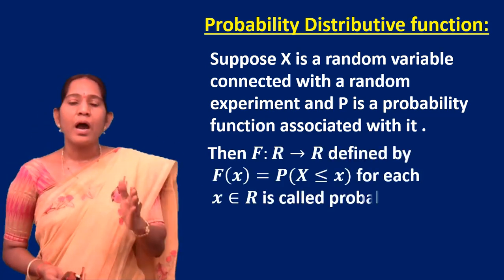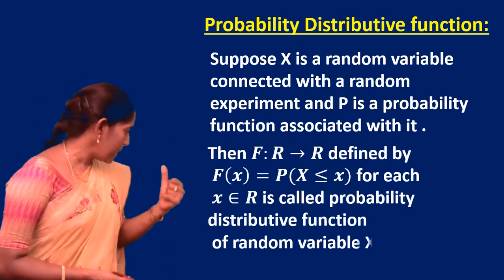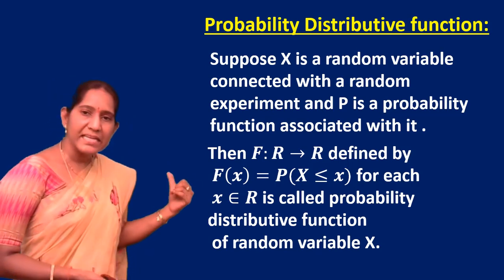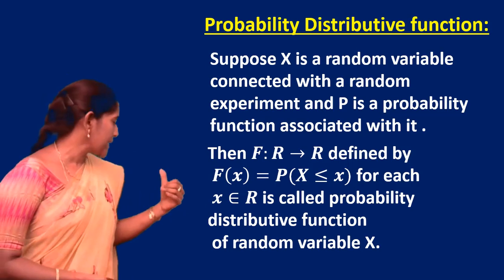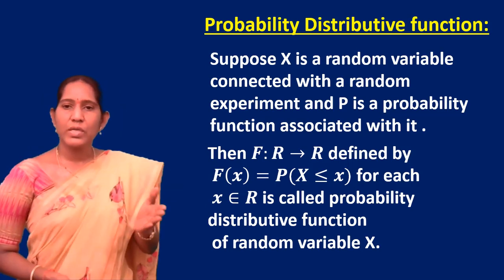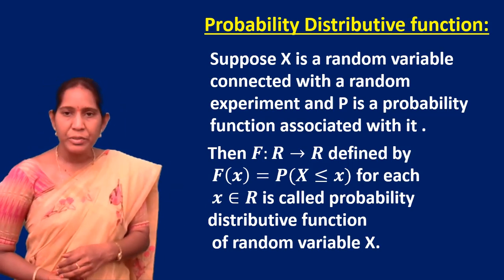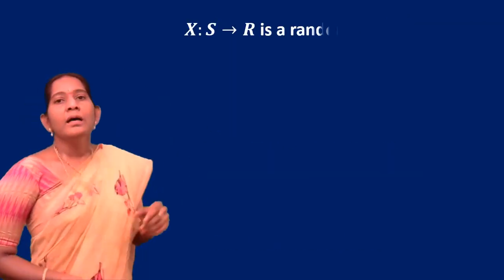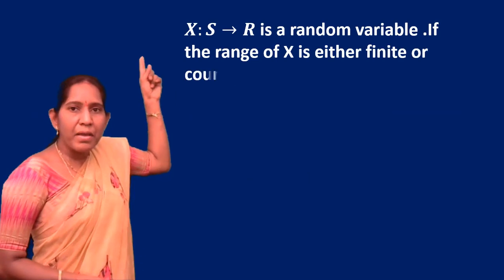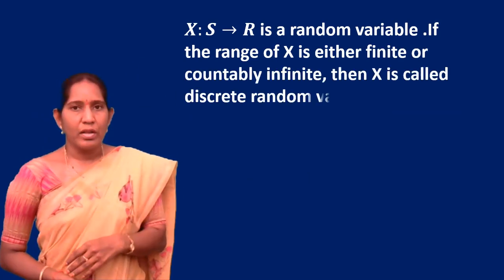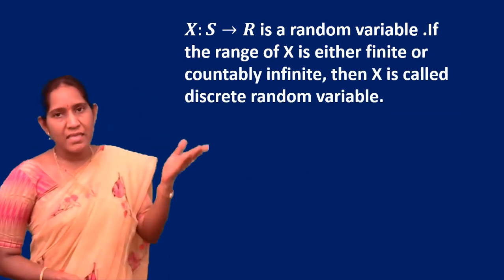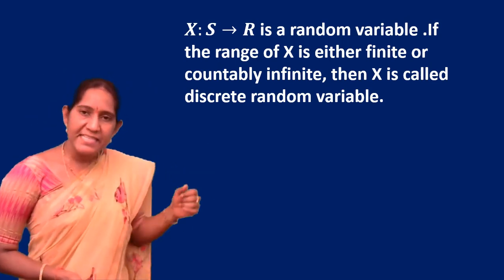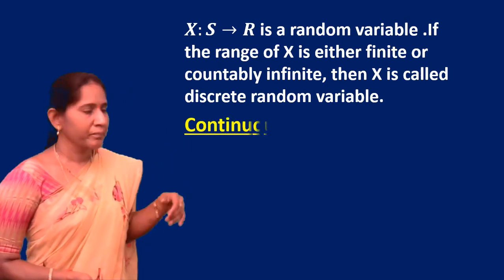Then f from R to R defined by f of x is equal to p of X less than or equal to x for each x belonging to R is called the probability distribution function of random variable X. So, X from S to R is a random variable. If the range of X is either finite or countably infinite, then X is called a discrete random variable.